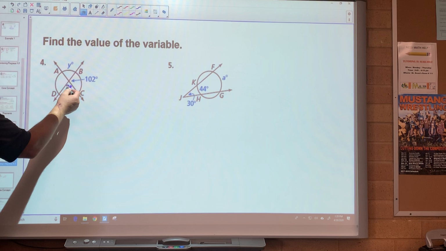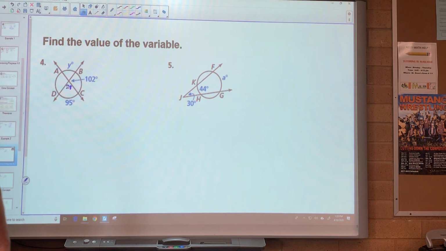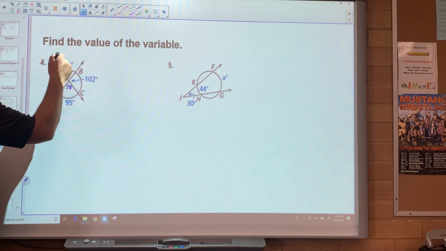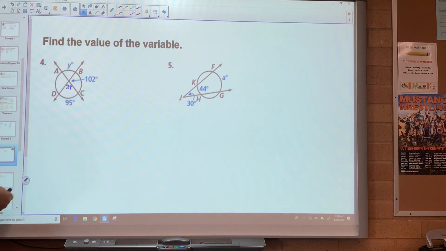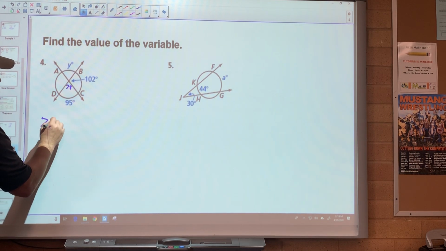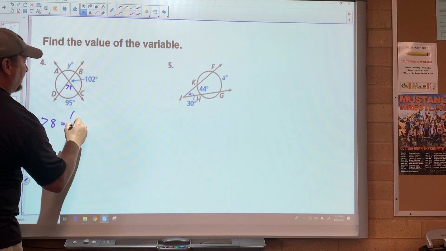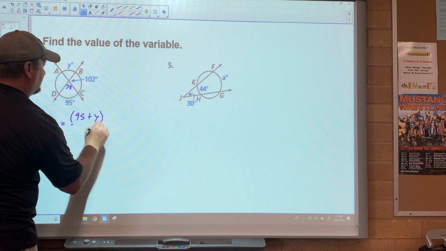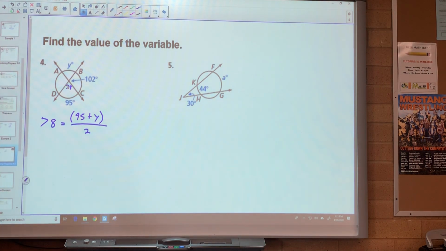If that's that angle, now it's vertical from there. We know that we add these two together, divide by 2, and that equals our angle. So 78 equals, parentheses, 95 plus y, divided by 2. We've set it up, now we've got to know how to actually solve it.